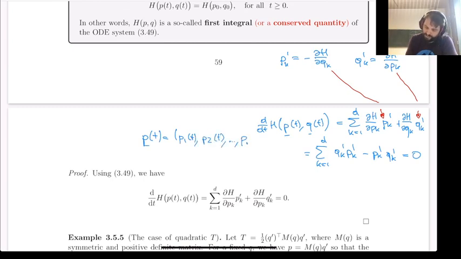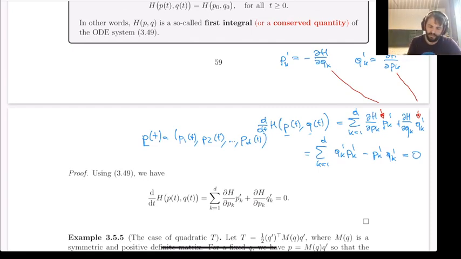It's a vector valued function. And if you do the chain rule of the Hamiltonian with respect to t, because the Hamiltonian doesn't directly depend on t, it depends on t only through the function p of t, or p1 of t, p2 of t, pd of t.